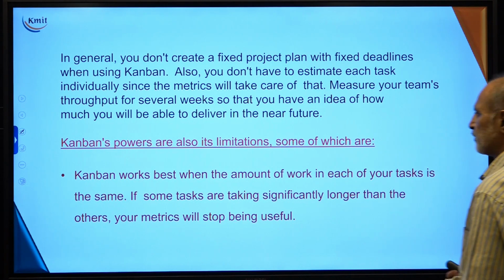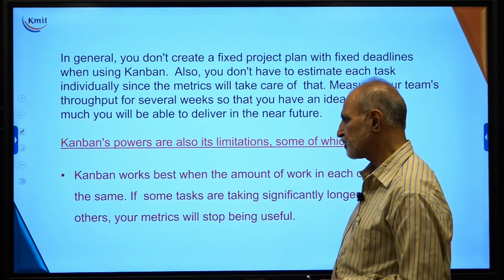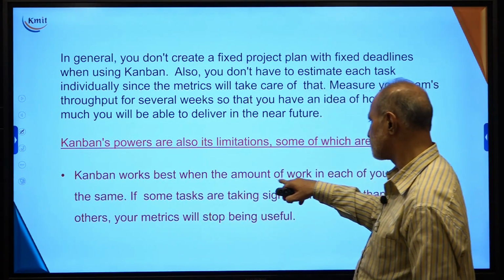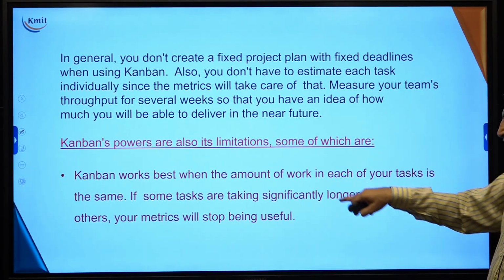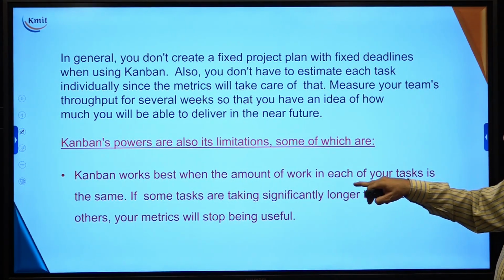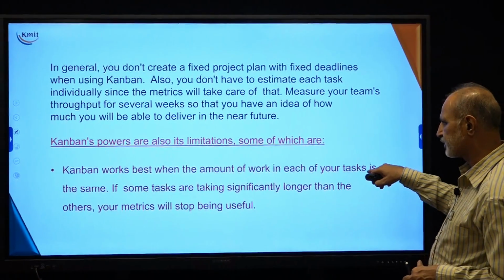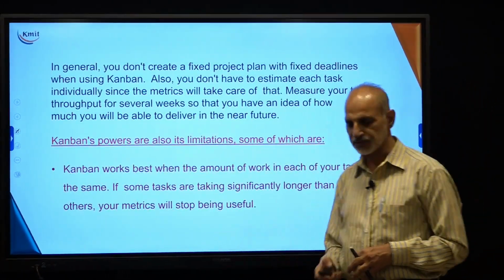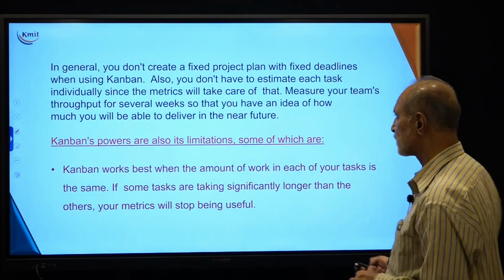Okay, Kanban has powers but also limitations, some of which are: Kanban works best when the amount of work in each stage of your task is the same. If some tasks take significantly longer than others, the metrics will stop being useful. This is another limitation of Kanban.